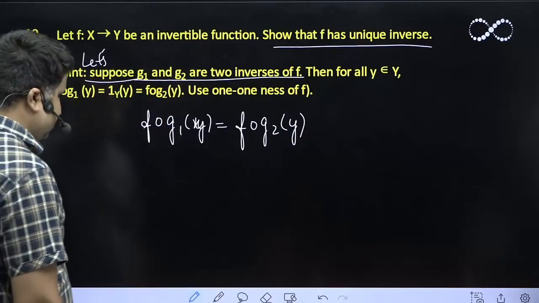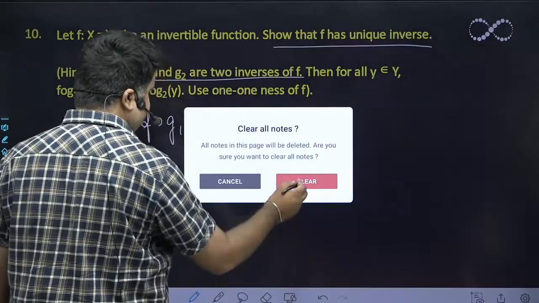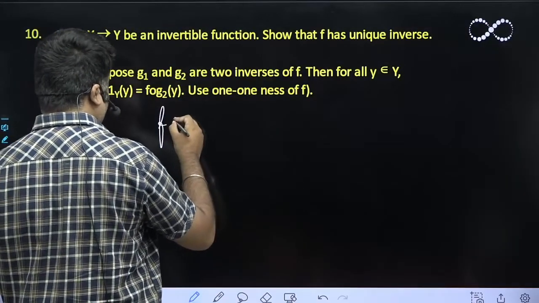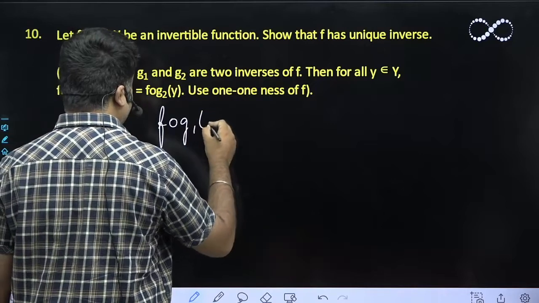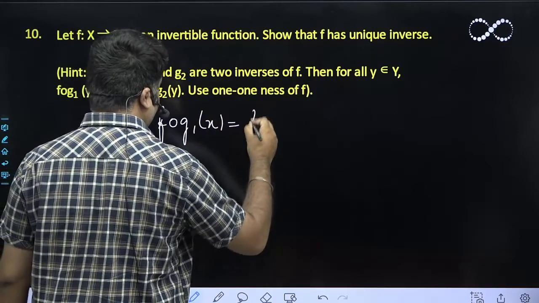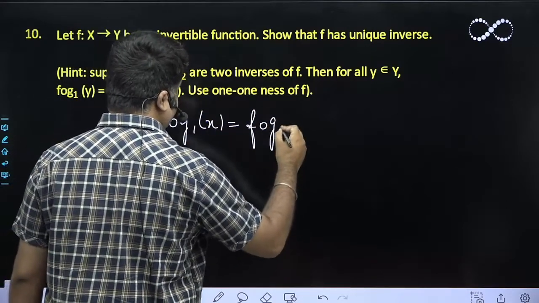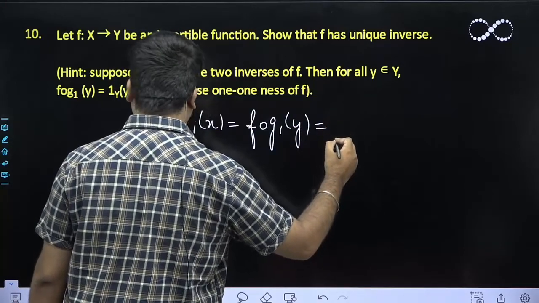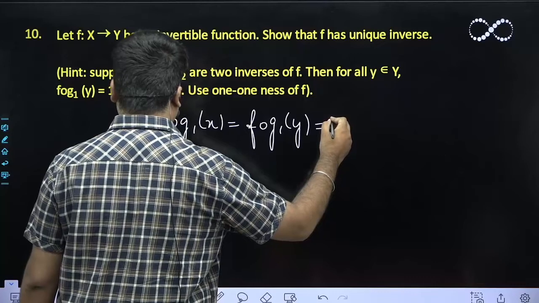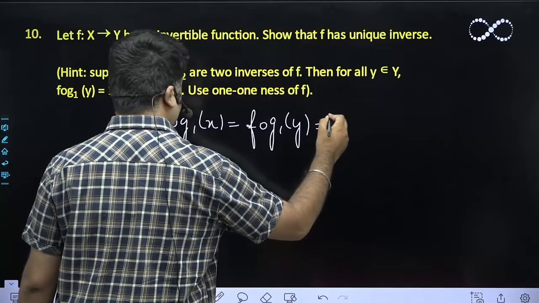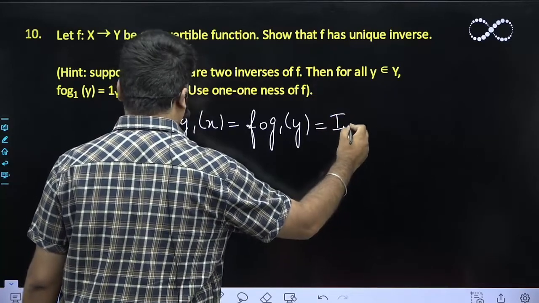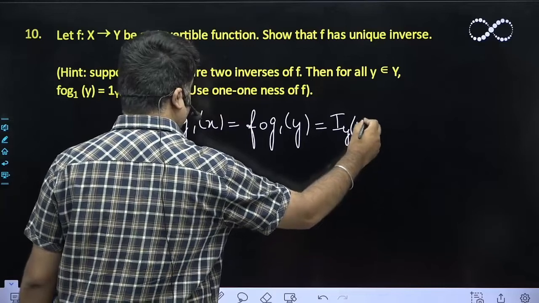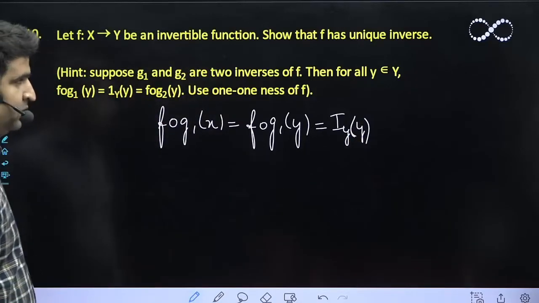Okay, so I'm more comfortable with x, so I'm just taking f of g1(x) is equal to f of g2(x), and this is equal to the identity I_Y.